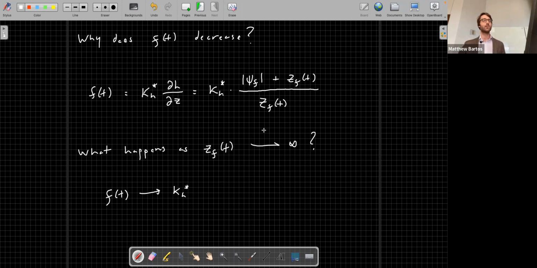More generally, though, what's happening to this term here as the depth of the wetting front increases? Does it start out greater than 1 or less than 1? Does this term here, dH by dz, start out greater than 1 or less than 1?